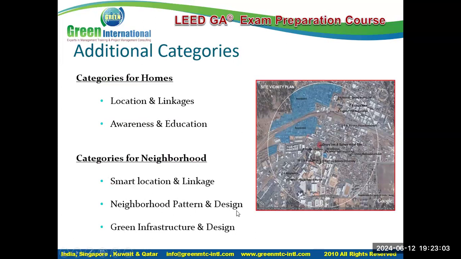So you will have 1 question on this. Maybe they'll ask which category is not applicable to LEED new construction. So these are 5 categories: 2 additional for home, 3 for neighborhood only.